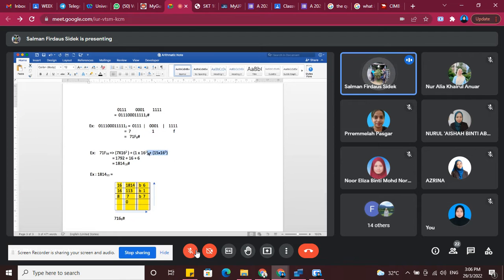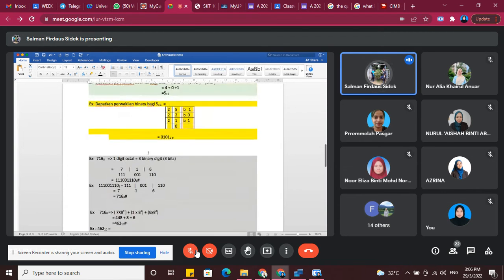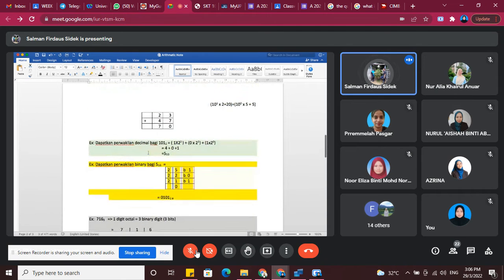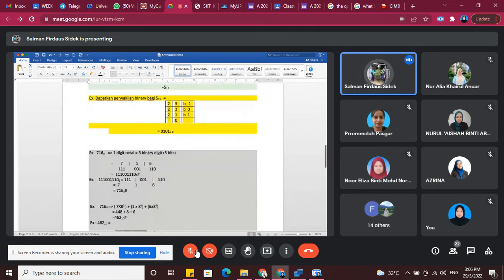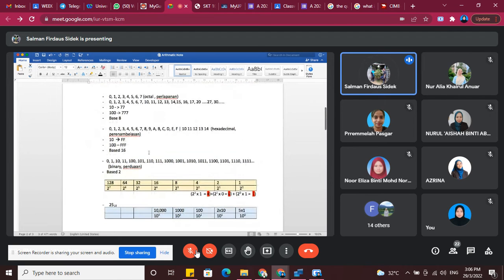Sekejap, kita stop sekejap. I want to repeat the value of F. I just want you to be particular not to be confused with the value. The value of F is 15: A is 10, B 11, C 12, D 13, E 14, F 15.